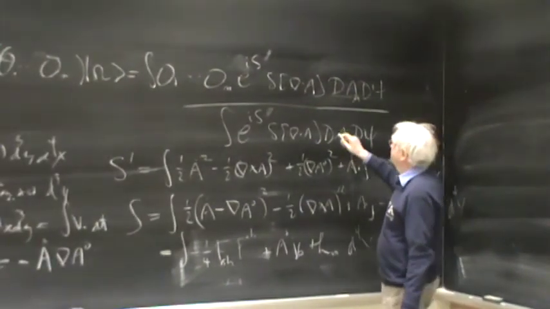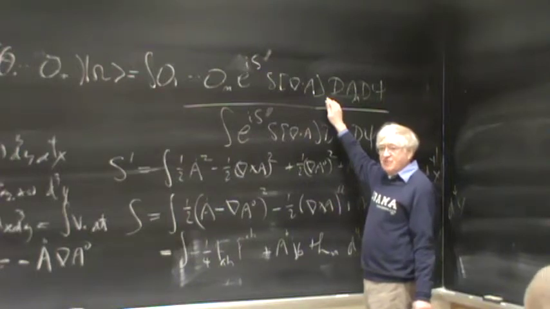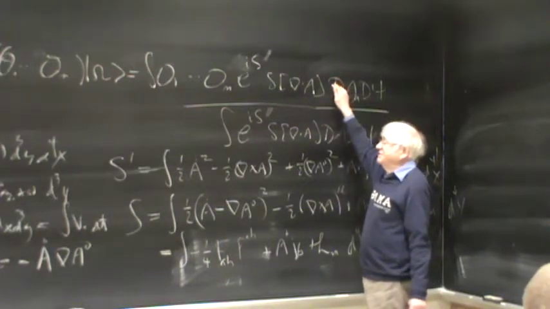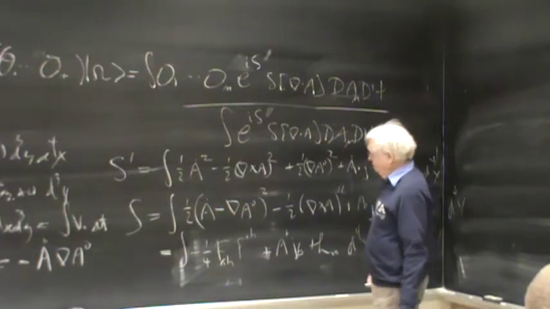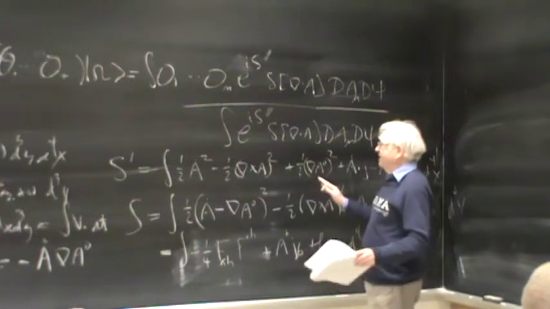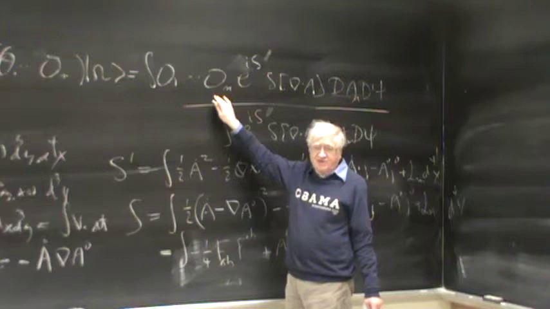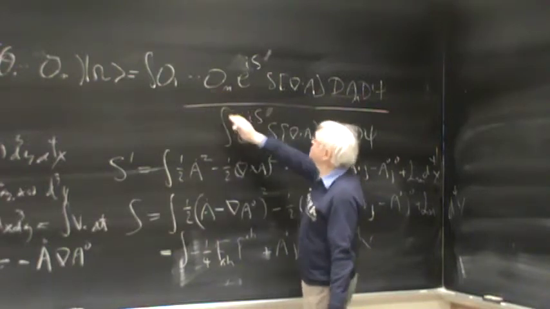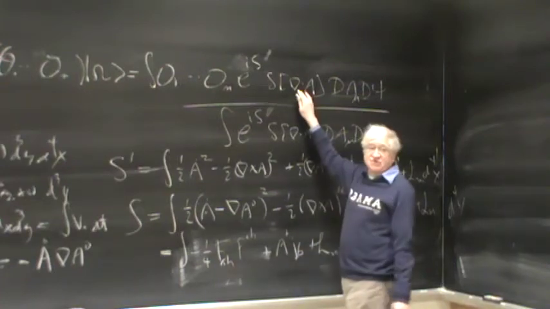What we're going to do is make a gauge transformation. We can make a gauge transformation in the numerator and in the denominator. Let's say we restrict ourselves to gauge invariant operators. So S is gauge invariant, it doesn't change, but this changes.